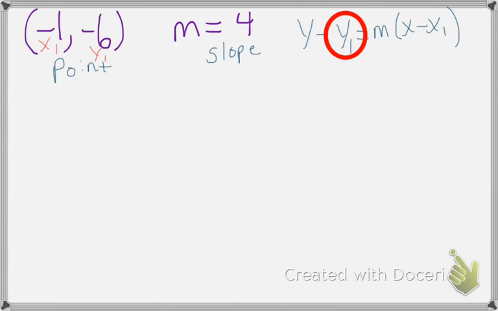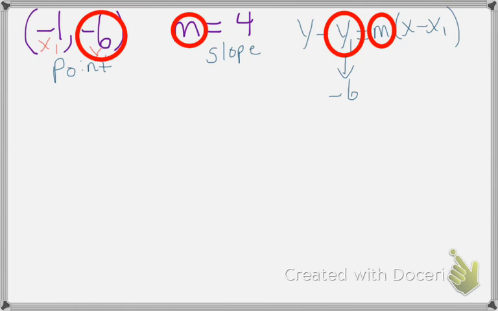y1 is right here. So we put those there. This is -6. Then we go to the m. What's m? It's right here. It is 4. What is x1?